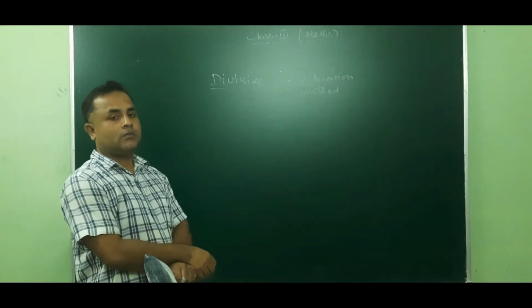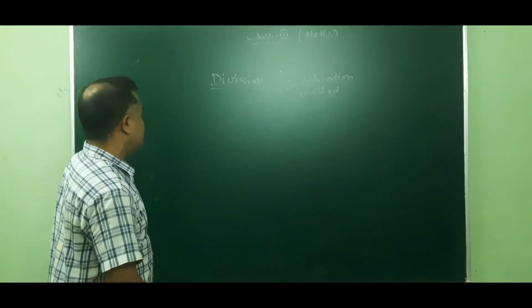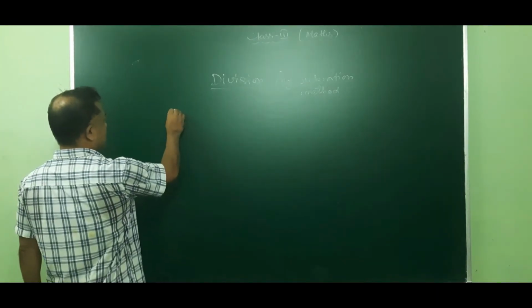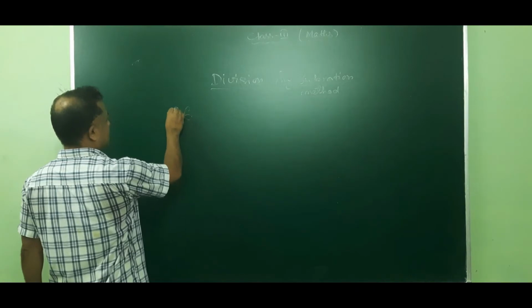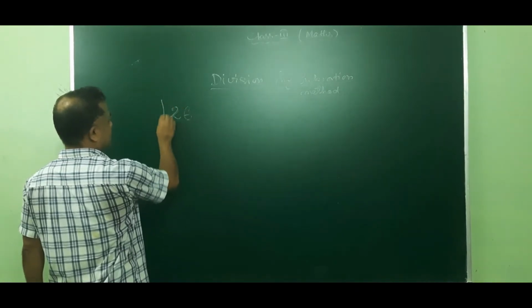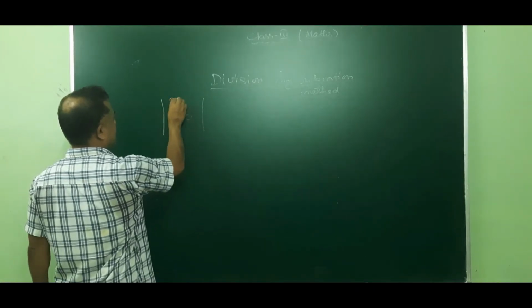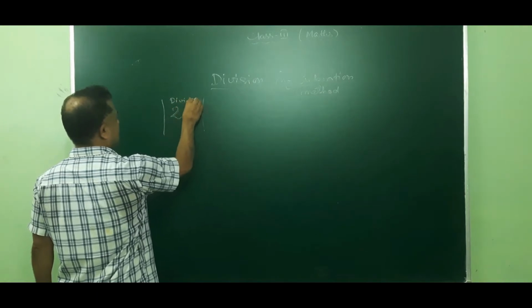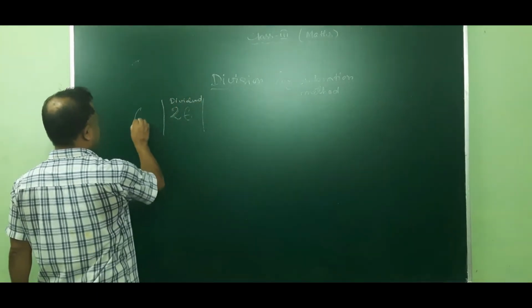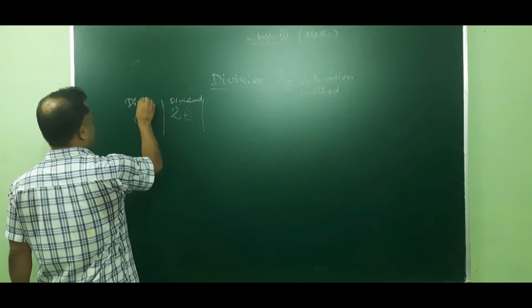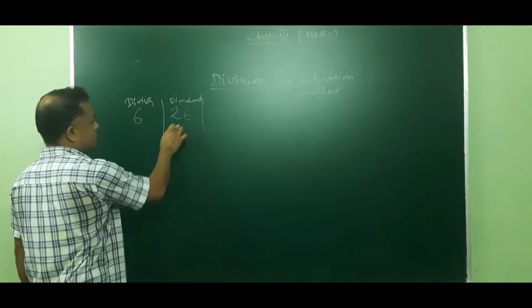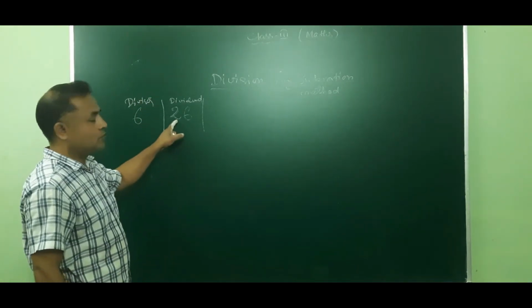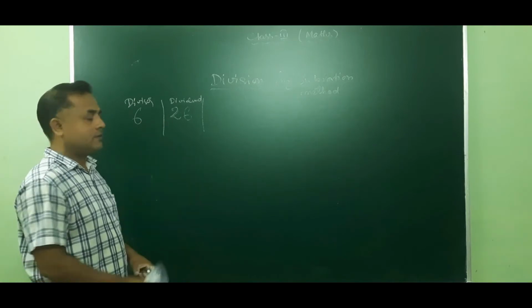Subtraction method. So let's take 26 as a dividend and 6 as a divisor. That means I will divide 26 by 6.